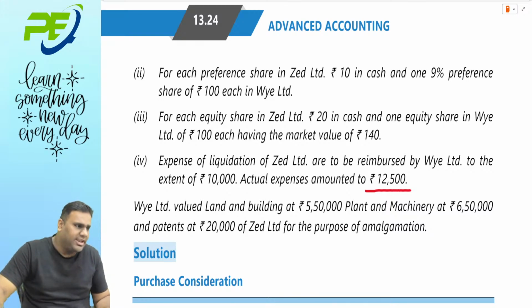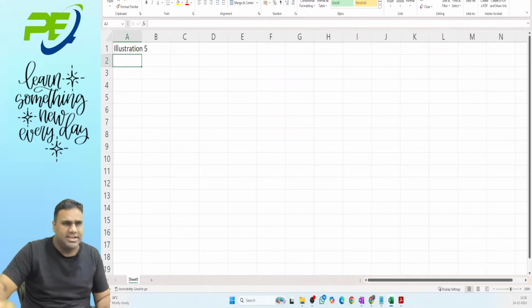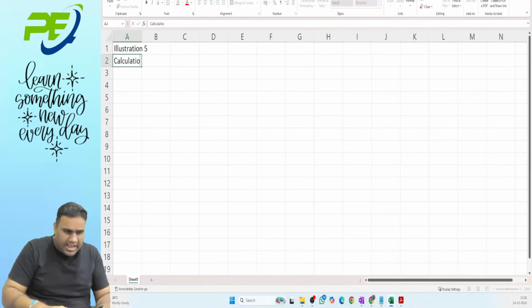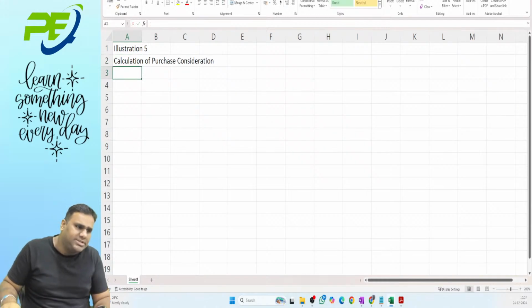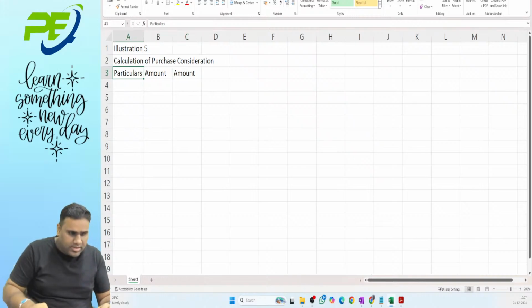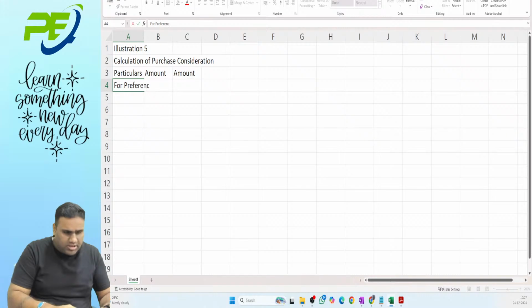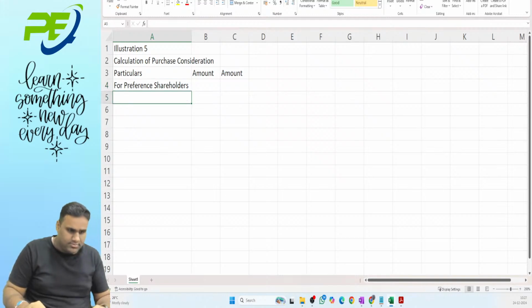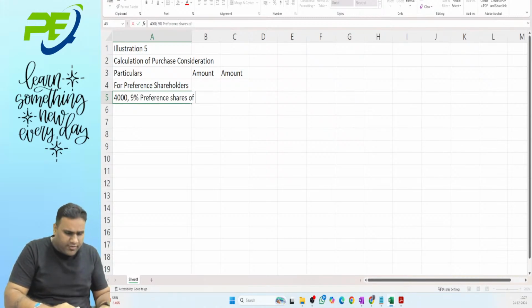For the rest, let's do the same way we did yesterday. Calculation of purchase consideration. Particulars, amount. What did we write first? For preference shareholders, 4,000 9% preference shares of face value 100.